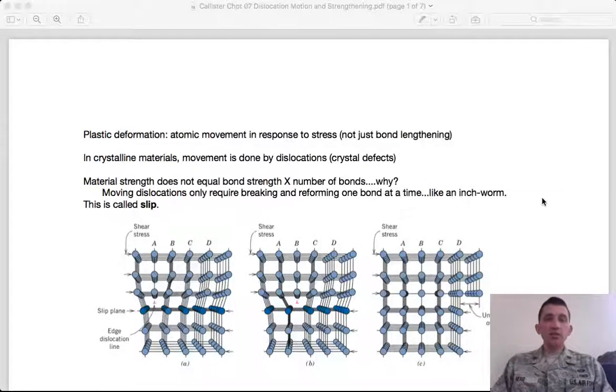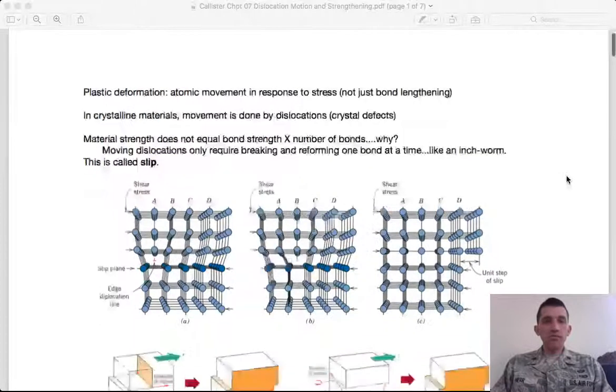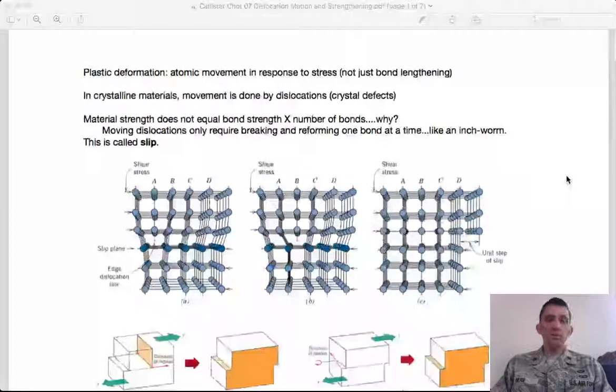And the degree to which dislocations are impeded defines in large part the mechanical properties of a material, especially its strength versus ductility. And so the goal for this video is to explore Chapter 7, which goes into depth what we mean by dislocation motion and some of the ways that we can affect their movement.